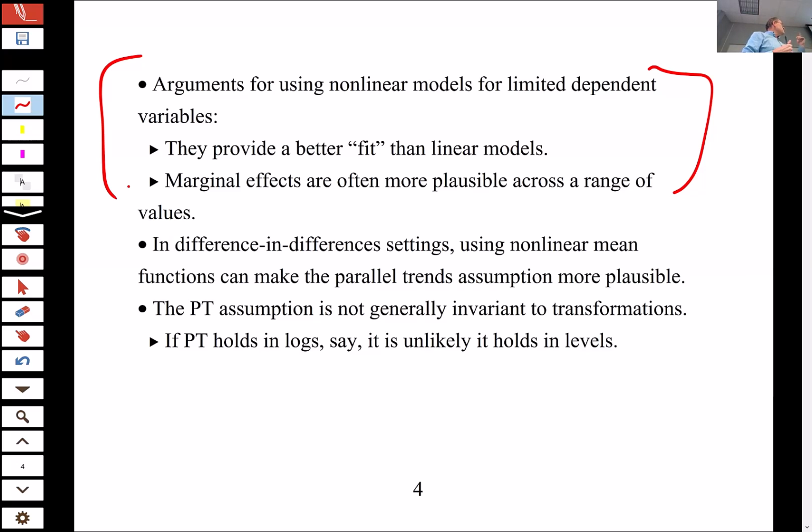But as some recent research has shown, and intuitively we've known this, the parallel trends assumption is not going to be invariant to transformations of your outcome variable. And so the linear parallel trends assumption, given that it's this unbounded trend, a linear trend just keeps going, right? It may not be the best assumption if you have a bounded outcome, like a binary outcome or a fractional outcome, or a count that can't be below 0.